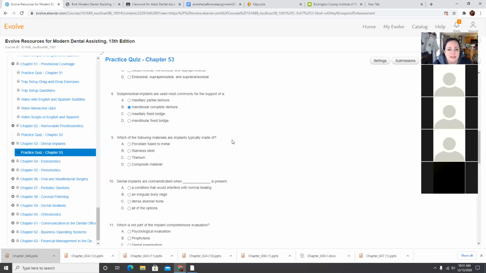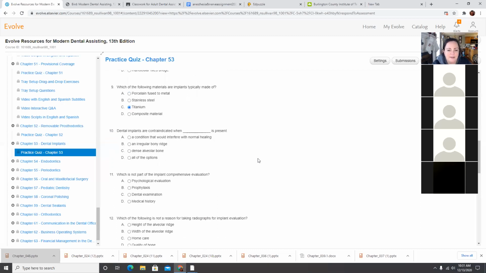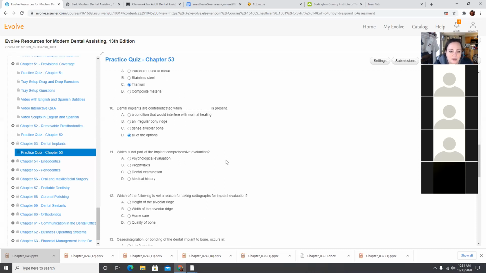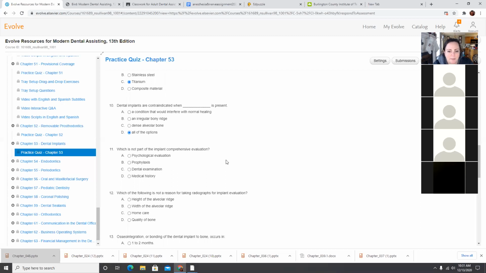All right, which of the following materials are implants typically made of? Titanium. Okay. Dental implants are contraindicated when blank is present. I think it's D. Which is not part of the implant comprehensive evaluation?